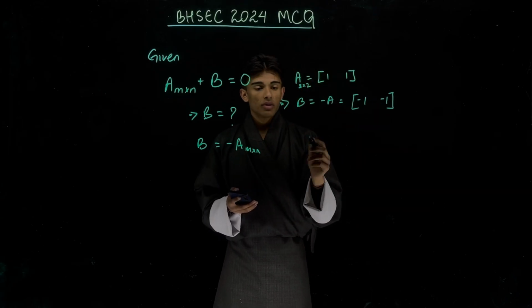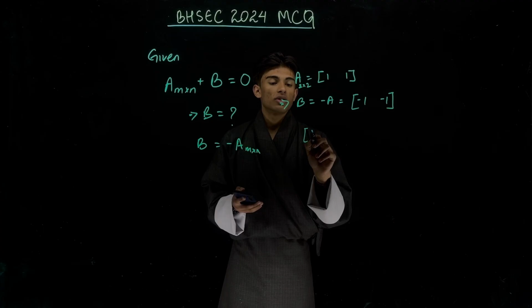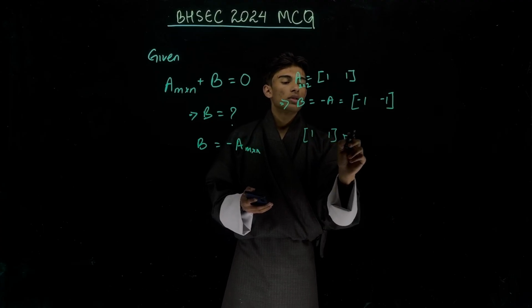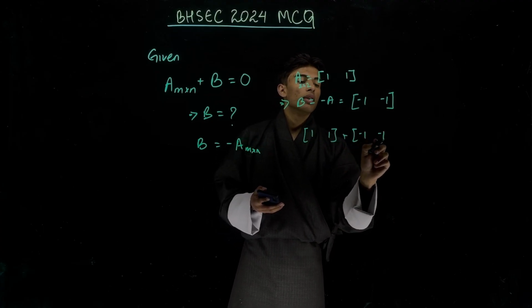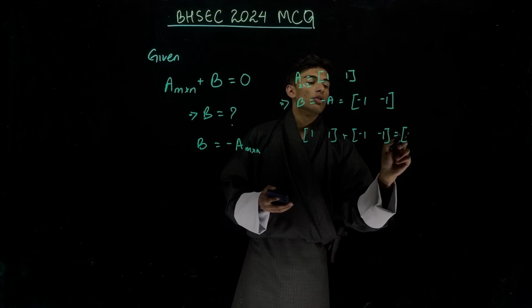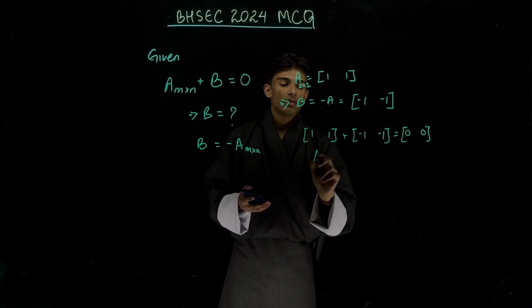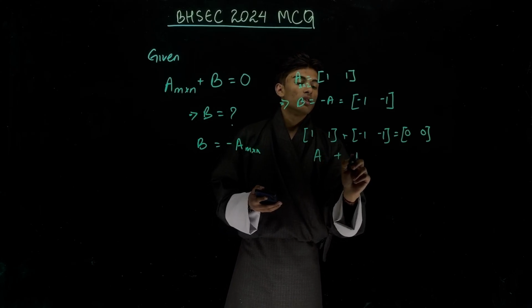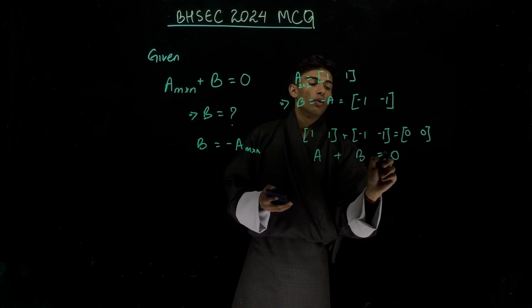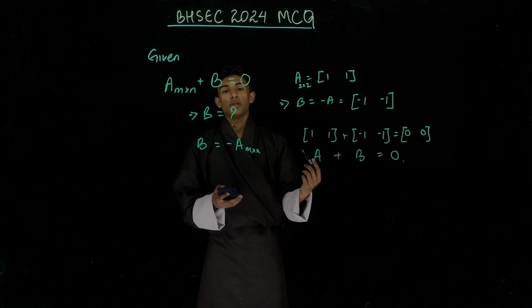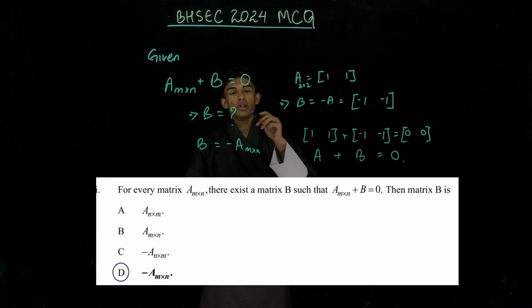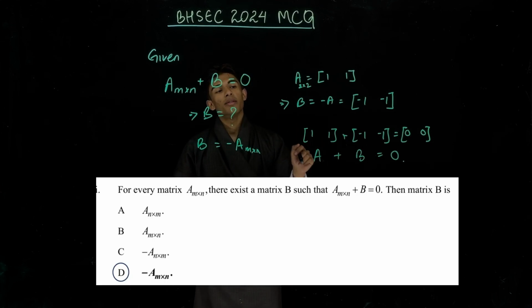When we add these two matrices, matrix A plus matrix B, we get a 0 matrix, which also equates to saying that matrix A plus matrix B equals 0. Hence, our answer is option D, the negative of matrix A.